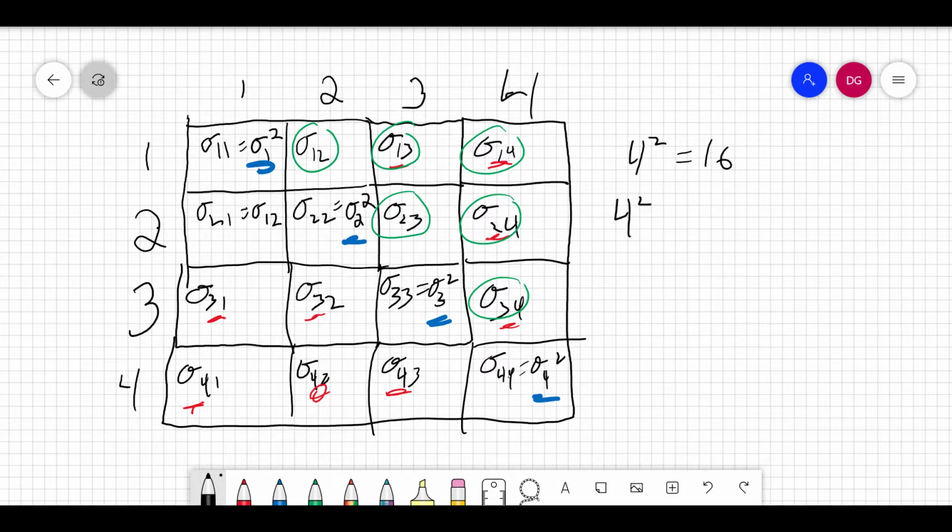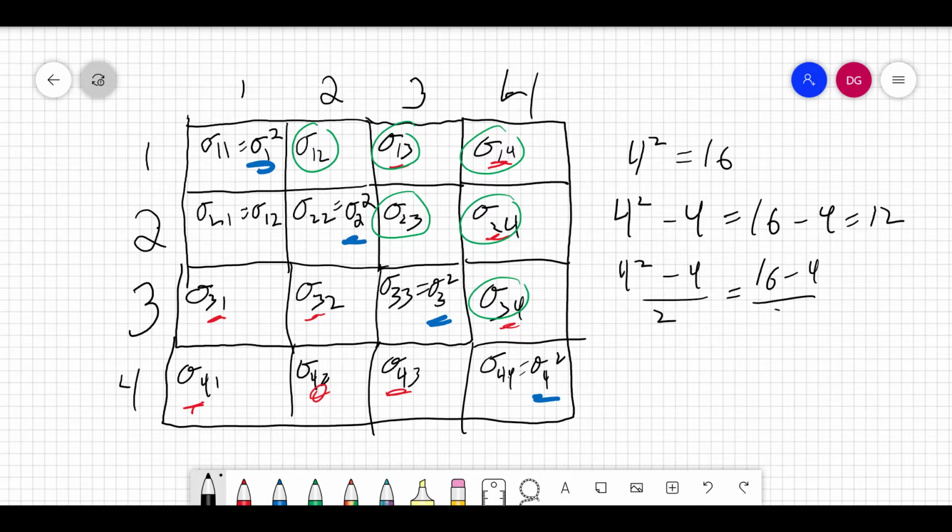So it's 4 squared minus 4, which is 16 minus 4, or 12. So there are 12 remaining boxes, but half of these are going to be repeats. And so I end up with 16 minus 4 over 2, which is 6 unique terms, and that's the number of green circles that we counted earlier.